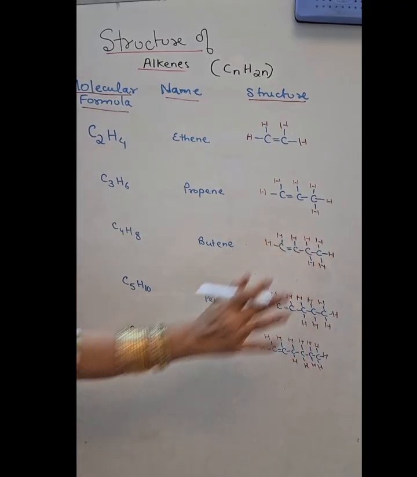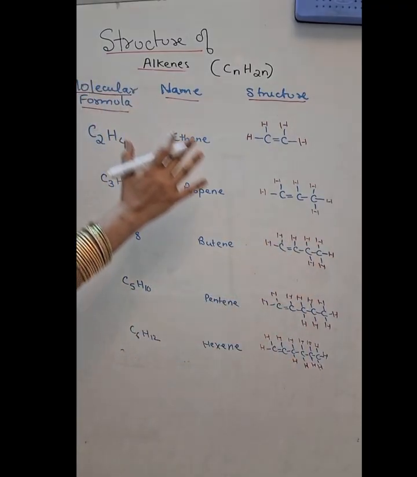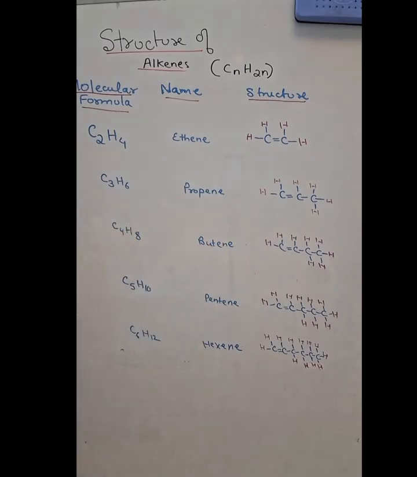Like this. So these are the 5 structures of alkenes, and in this way we can continue as the number of carbons keeps increasing.